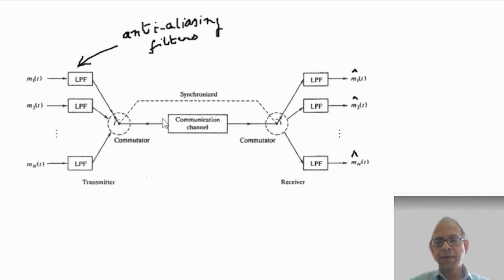In pulse code modulation, however, quantization is also done, and the quantized samples are represented by bits, and what are multiplexed are actually bits. So the interleaving may be on a bit by bit basis or maybe on a byte by byte basis, respectively called bit interleaving or byte interleaving.